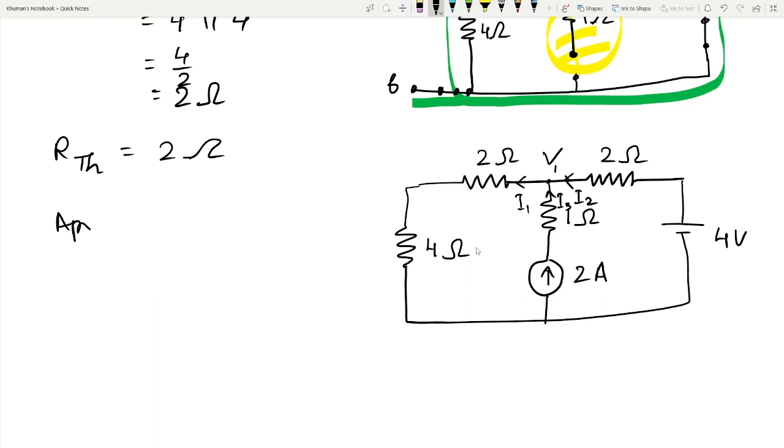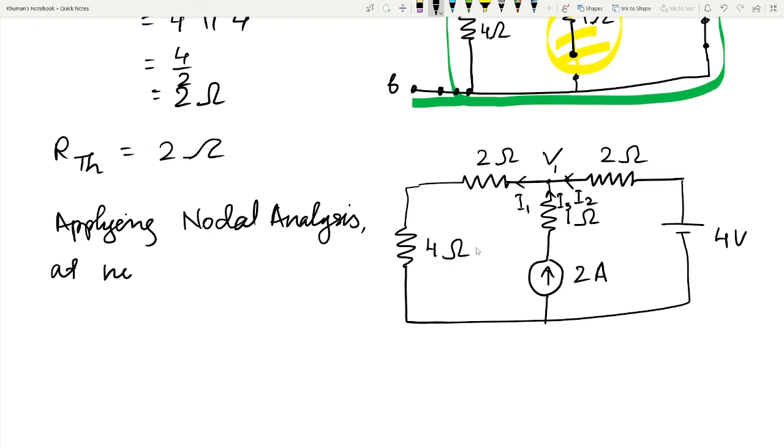Okay, then applying nodal analysis, at node 1, we can write the KCL equation: I1 equal to I2 plus I3.